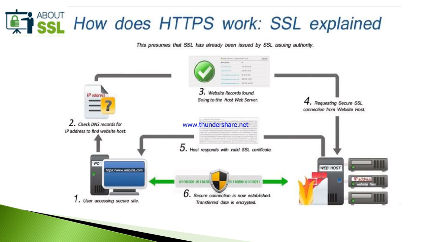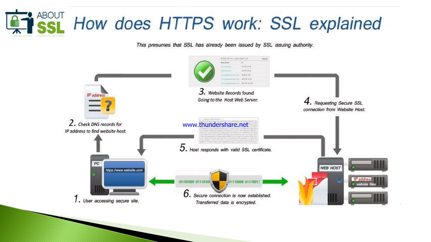Now I am going to explain how HTTPS works through a diagram. Firstly, we can see here I am trying to access a website. The website name or the domain name which I am entering maps to the IP address for that website. Then whenever I enter the domain name, it tries to check the DNS records from the hosting provider.